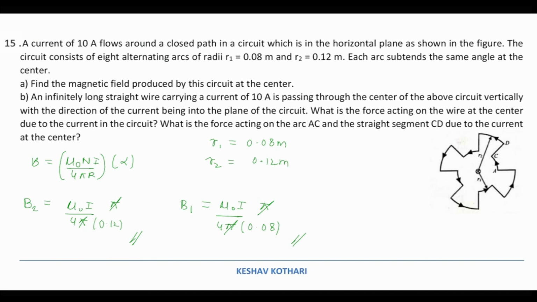The force acting on the wire at the center is going to be 0 because the wire is carrying current directed into the plane of the circuit, and the magnetic field is coming out of the plane of the circuit, or out of the plane of the screen.